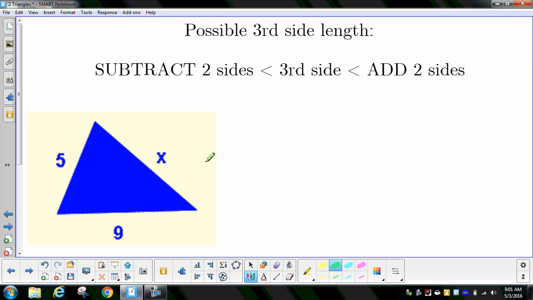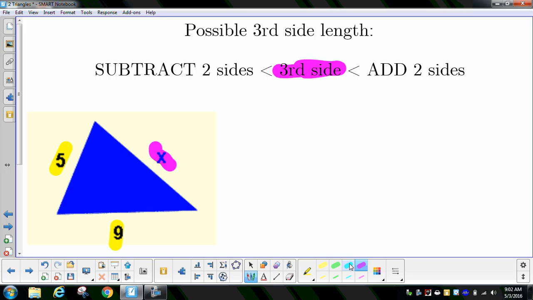Sometimes I want to find the possible length of a third side when I only know two sides. So I think that's pretty simple. I take the two side lengths that I have. X is the side I want to know, the possible third side length. That goes in the middle here. So the length is going to be between two numbers.